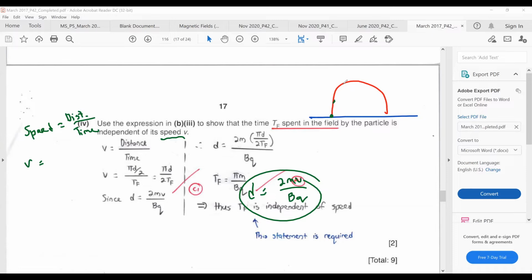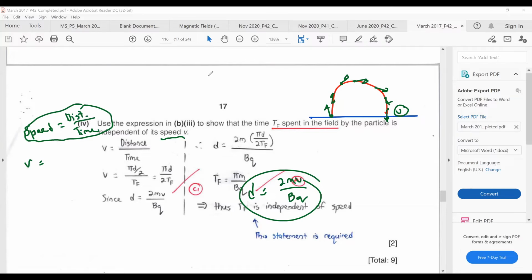Because as I mentioned to you, no matter at which point your charged particle is moving right now, the speed is always v. The magnitude did not change. So right now I want to find out an expression that is based on this. The speed is v.